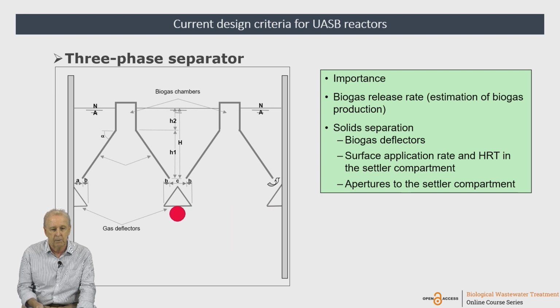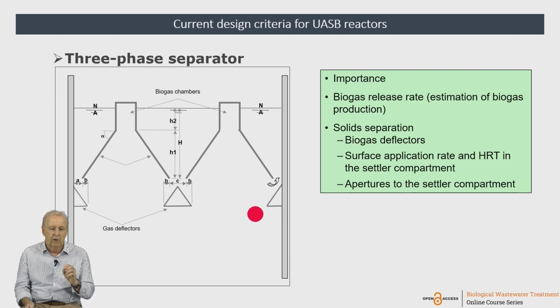For instance, here, representing two three-phase separators, we would have a reactor width of 6 meters, 3 meters from the wall to the middle, and another 3 meters through here. And if we subtract the aperture here and the apertures here and here, we are going to have the width of the three-phase separator. And we need to define the width of the gas chamber.